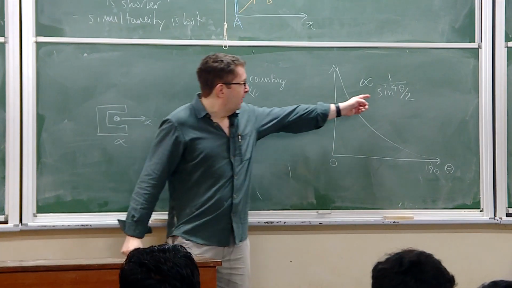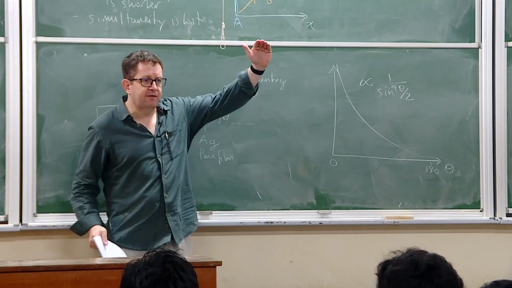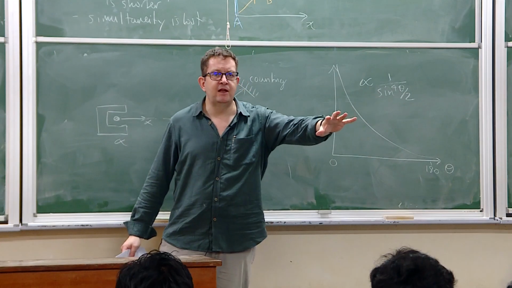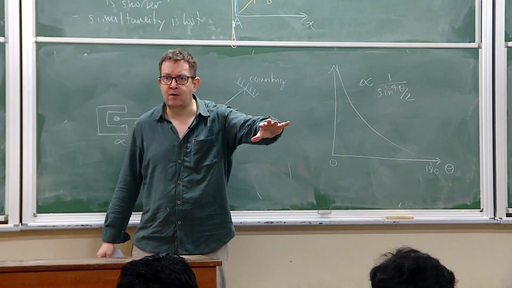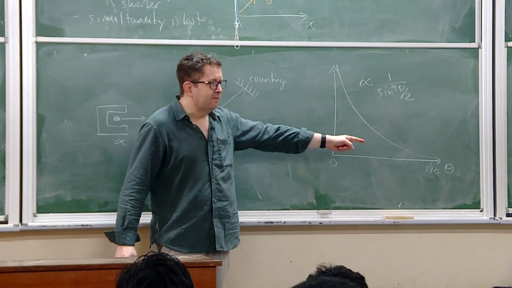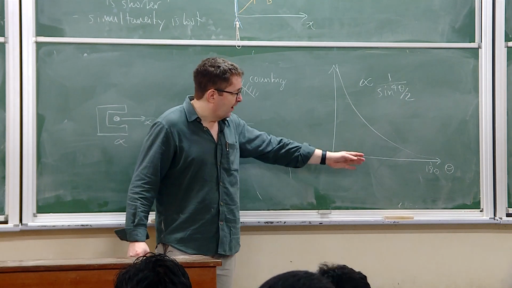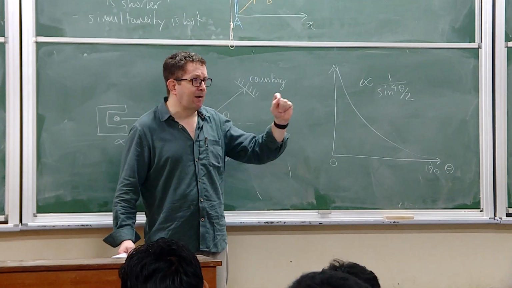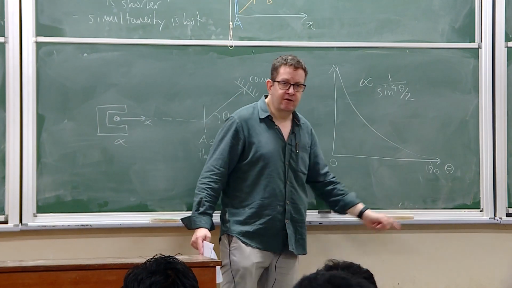So when theta was very small, you had lots of counts. So that suggested that most things don't deviate at all as they go through. Okay? And at some values, some particles came straight back at you. So they were bouncing off the foil at 180 degrees.